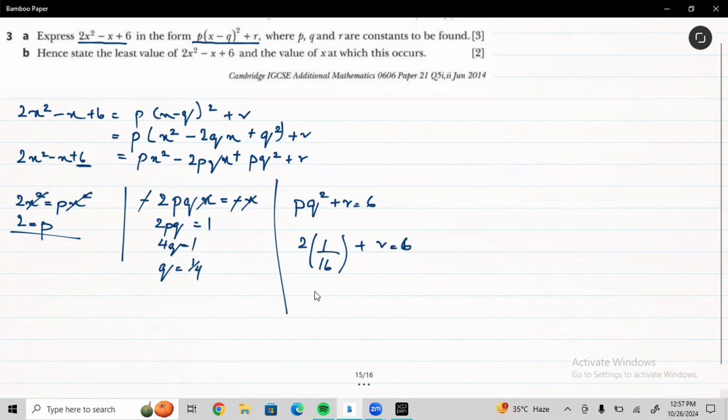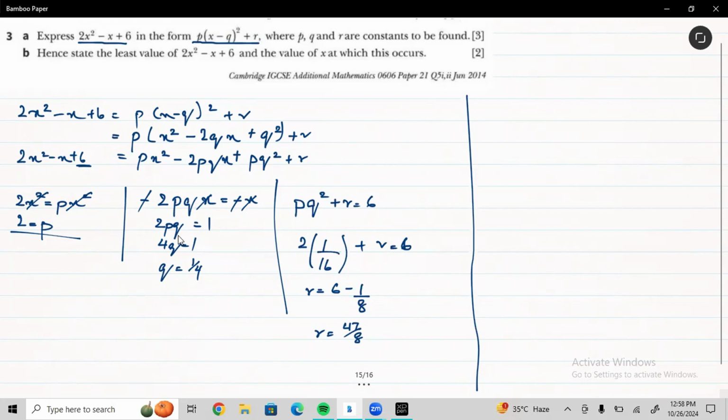So 2 divided by 16 is equal to 1 upon 8. r is equal to 6 minus 1 upon 8. And r is in the end going to be equal to 47 upon 8. Okay. So in the end, our equation is going to be something like this.